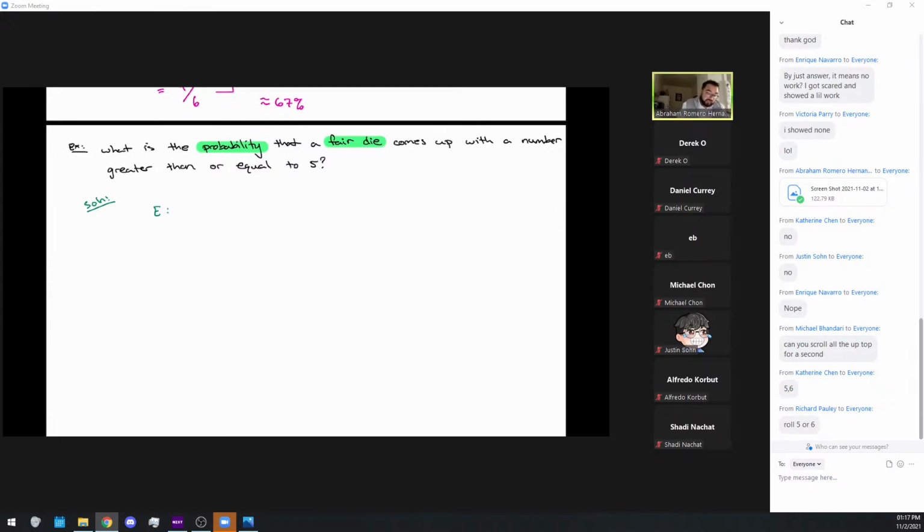Roll a 5 or 6, right? So the event is telling you to roll a 5 or 6, or in other words, the die comes up with a number greater than or equal to 5.